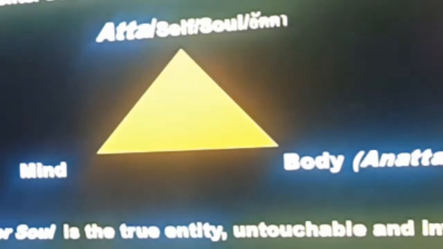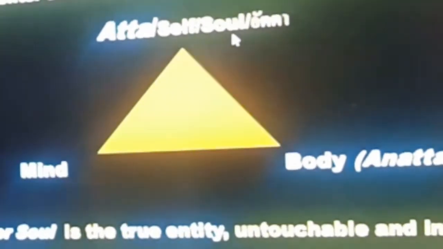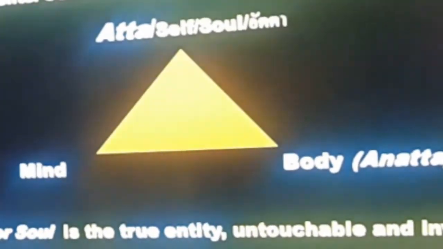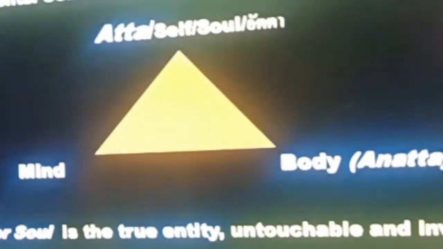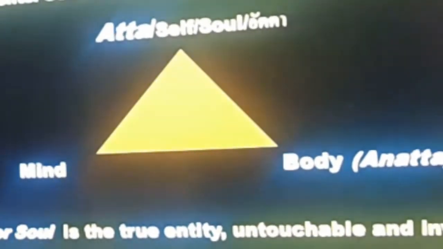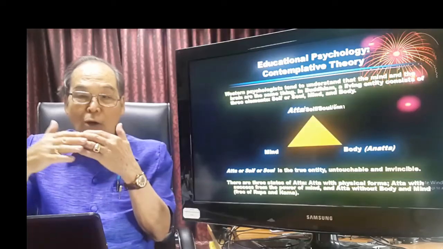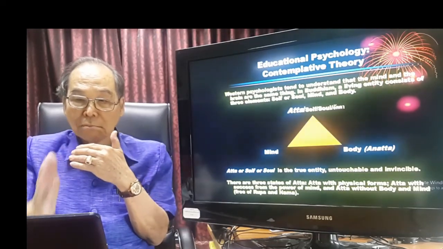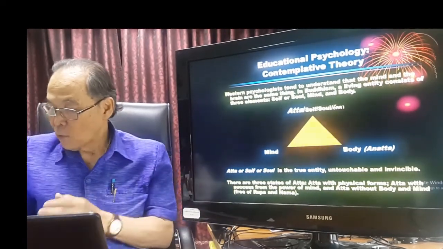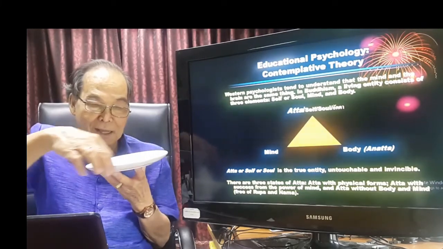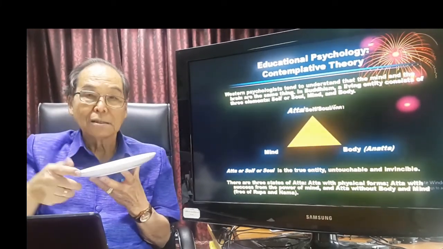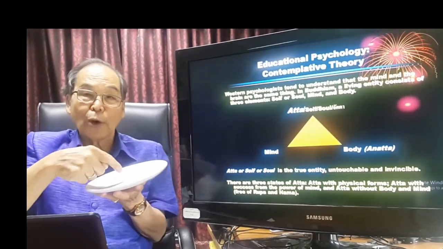Okay, this is atta, self or soul, which is the true you, the true me. And when I get enlightenment, when I become up to 100%, as in the movie I mentioned to you, I will go up and live around here, not in here. But I can come down here to help my people.